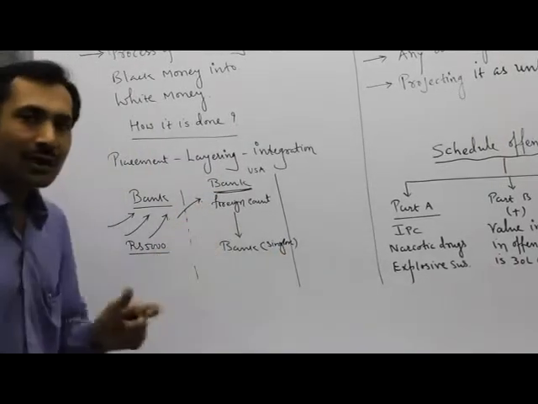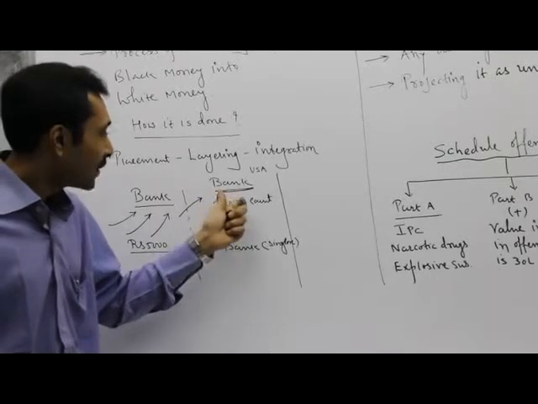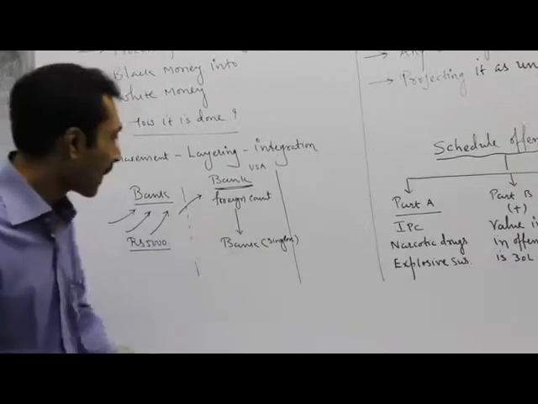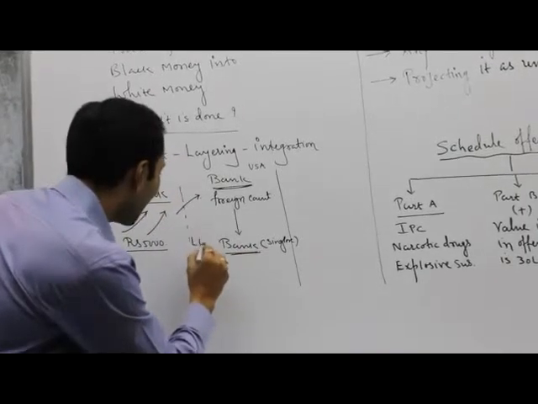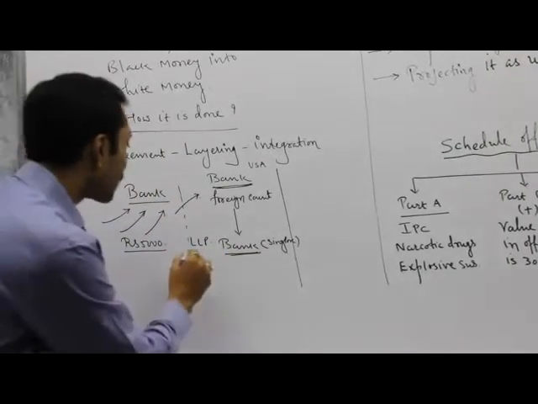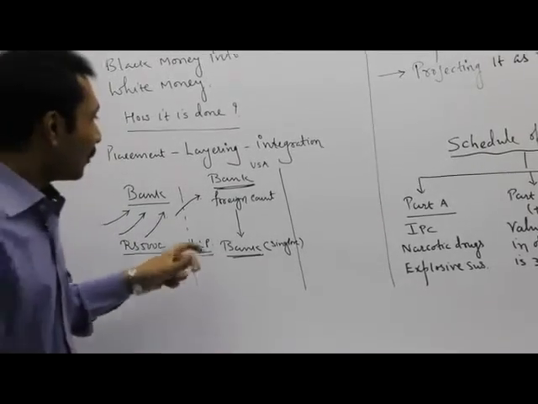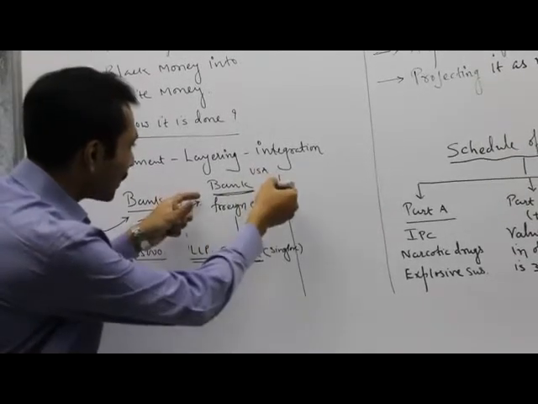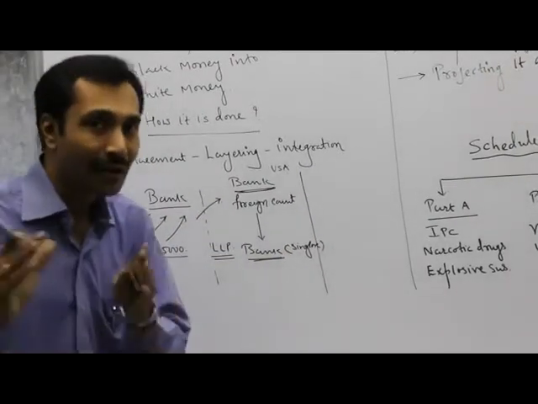The money is transferred by wire transfer from the USA bank to the Singapore bank. Now this bank account is in the name of an LLP, a Limited Liability Partnership, in which he is a partner. This process of moving from one bank account to another is known as layering.